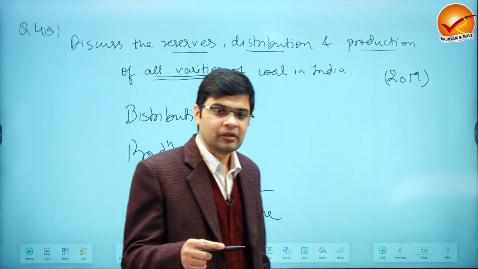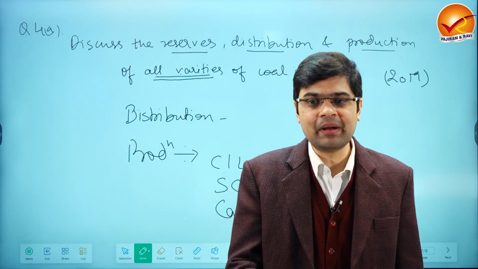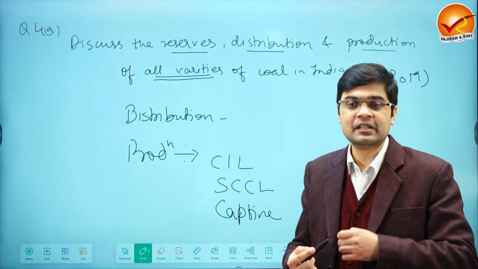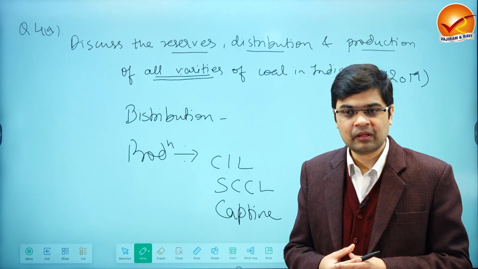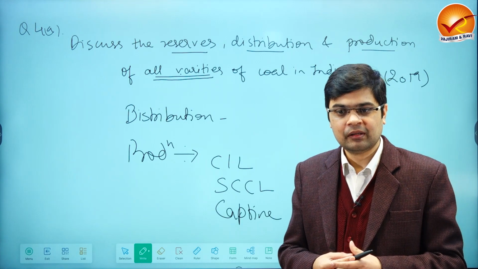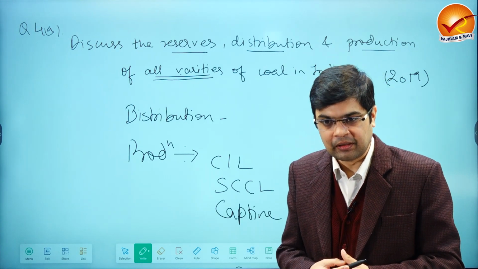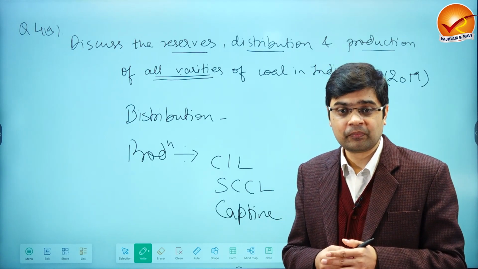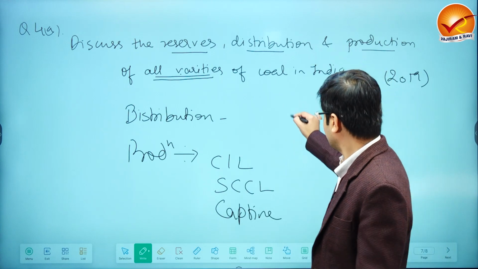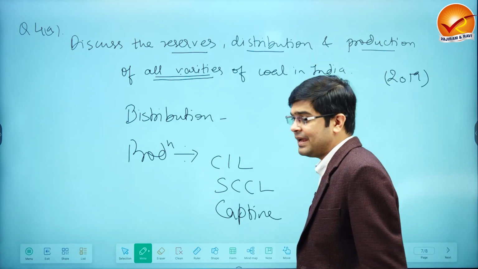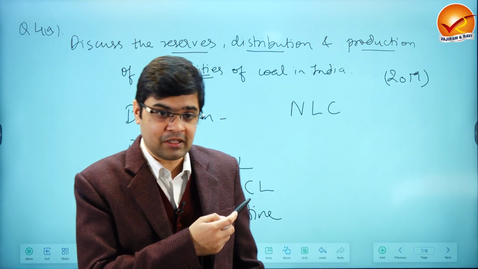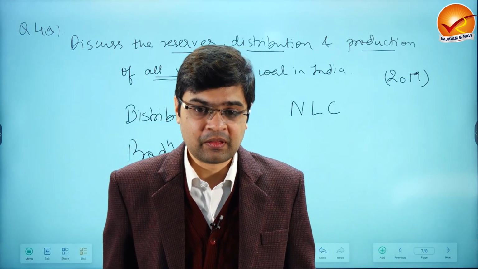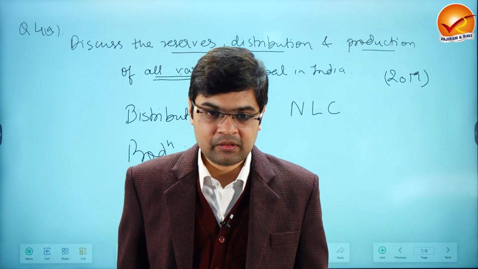And now even what has been allowed? Commercial mining since 2017. So some coal comes from the commercial mines, though insignificant portion. Then you can also talk about the lignite mining. Neyveli Lignite Company is mining coal in the areas of Tamil Nadu, even in Palana, in Rajasthan. Okay?